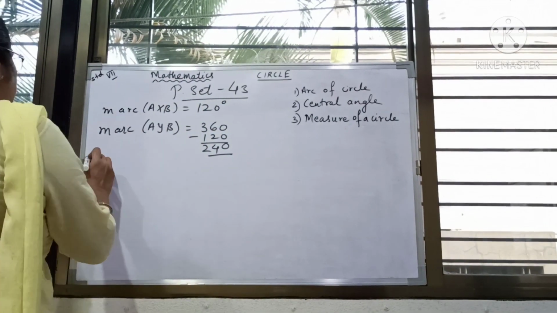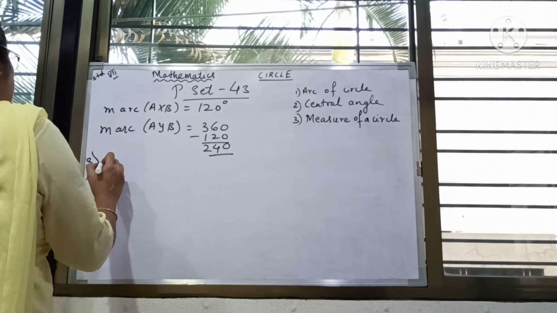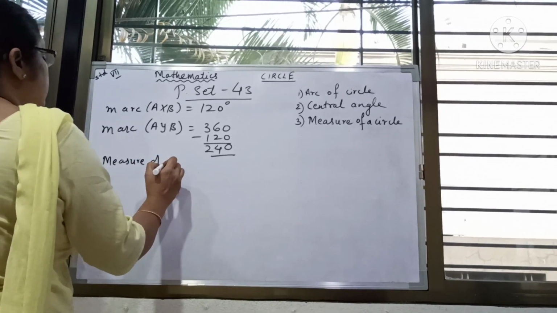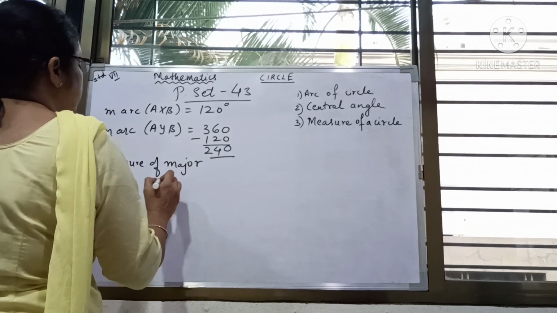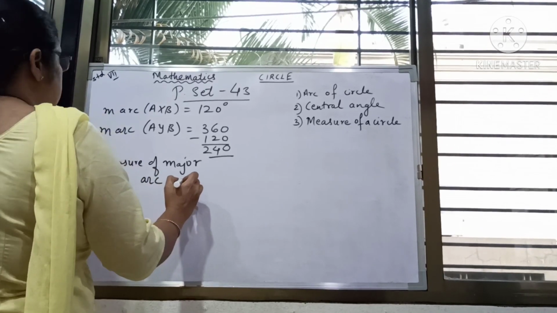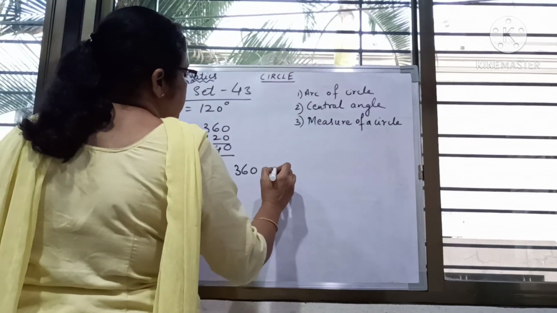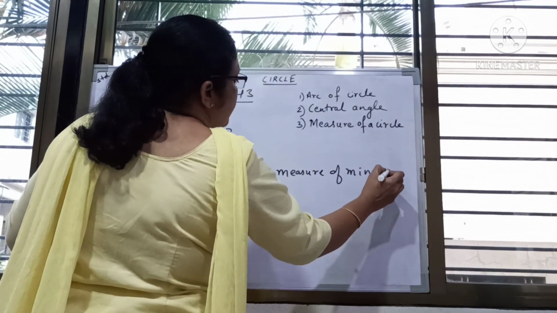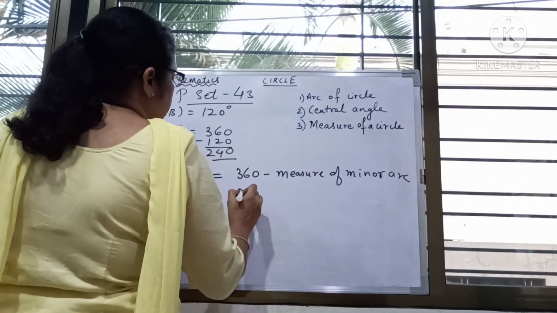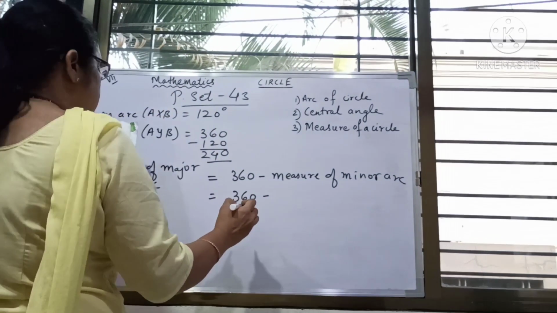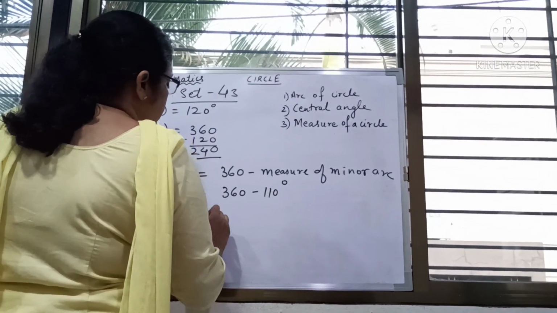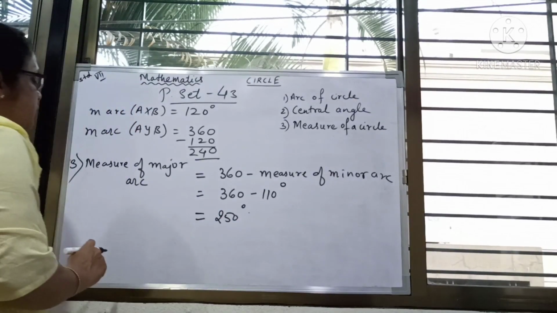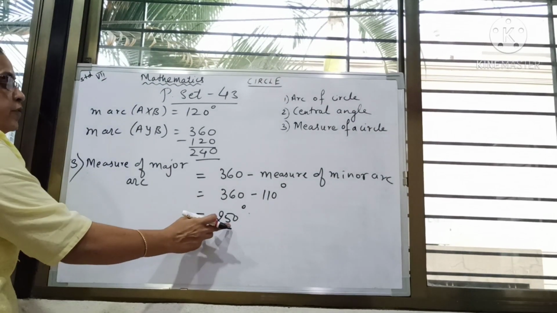So you write down the formula: measure of major arc is equal to 360 minus measure of its corresponding minor arc. Now minor arc is 110 degrees. So 360 minus 110, you get 250 degrees. So measure of the major arc is 250 degrees.